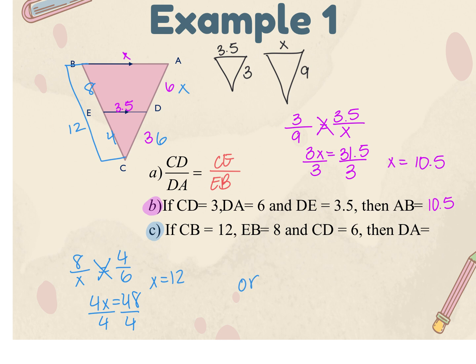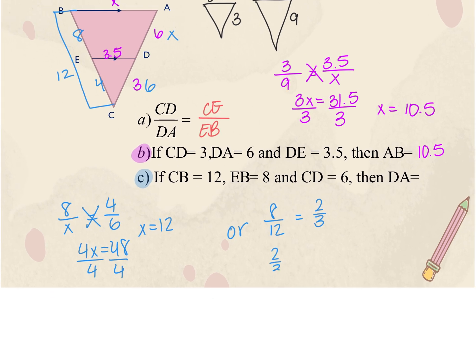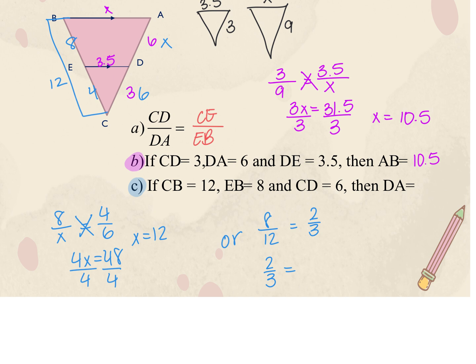Or you can add the sides like we did before. So 8 over 12, will that simplify? I could simplify 8 over 12 to 2 over 3. Let's call that my scale factor, equals x over x plus 6, because I'm adding the entire thing.